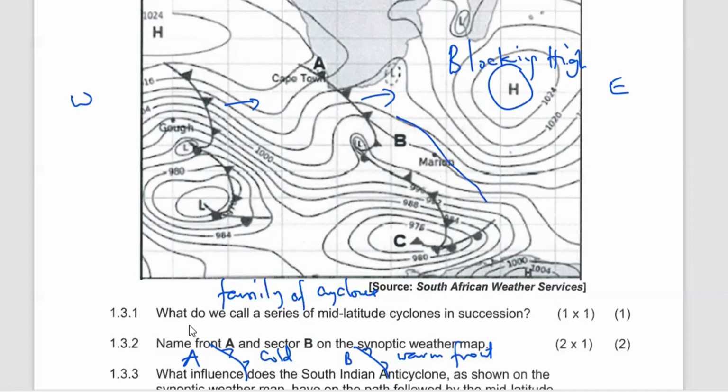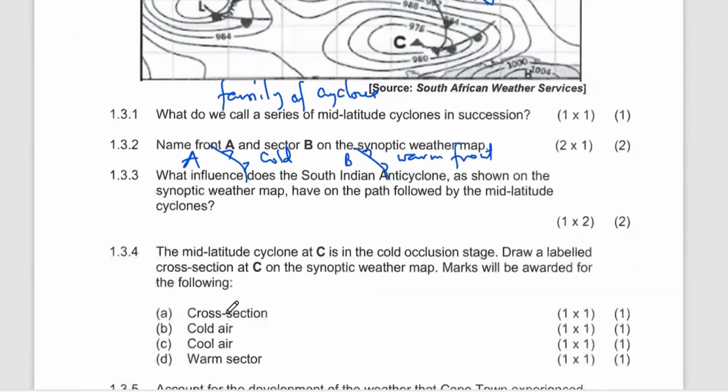Ultimately, they are going to be forced to tend to this direction as they go, as seen by the presence of the high pressure cell here. They are being blocked by this high pressure cell, changing their direction as they try to move towards the eastern direction. So we are saying our South Indian is also regarded as a blocking high.